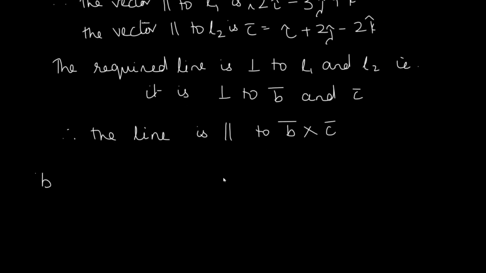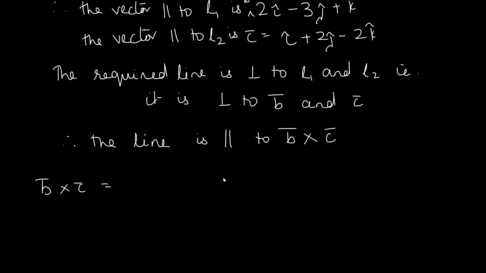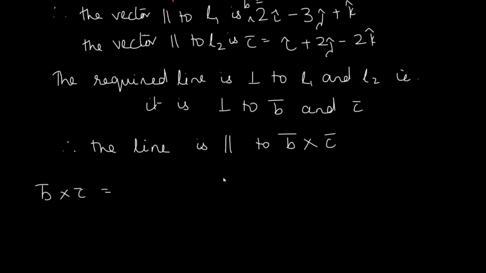So now here b cross c, from the question, becomes the determinant of i, j, k. The first row becomes the coefficients of vector b, that is 2, minus 3 and 1. And the second row is that, and the third row is 1, 2 and minus 2.